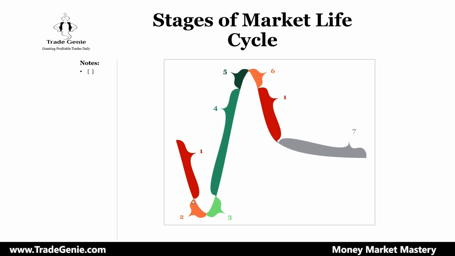As you can see, this is indicated in red. It's a market downfall, indicated as stage 1. Number 2 is less severe, like orange. The downfall is still there, a downtrend market, but it's less severe than number 1. Then we see slight green, so 3.